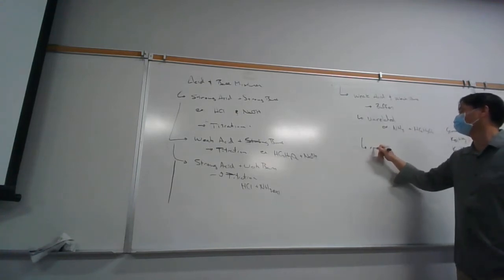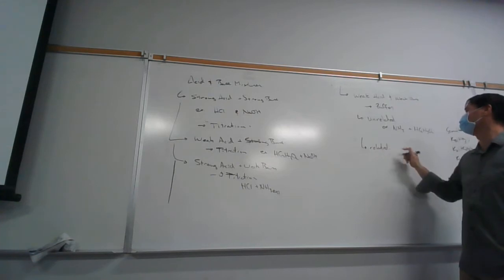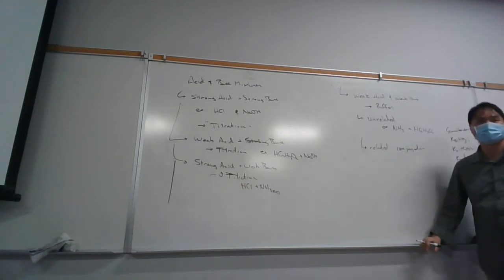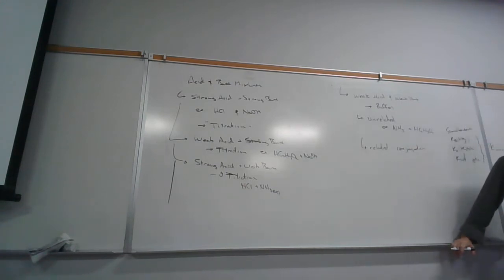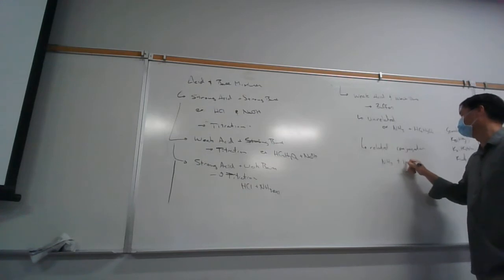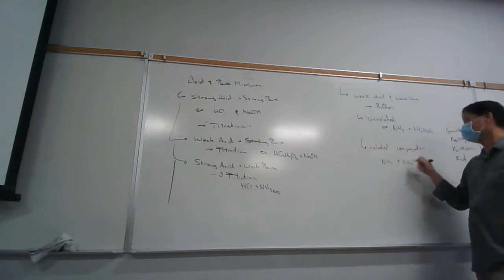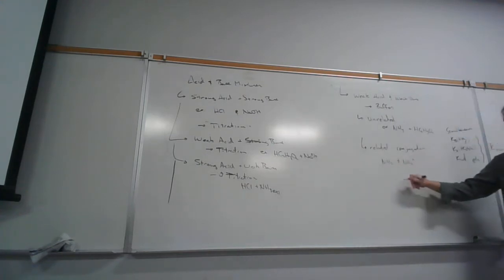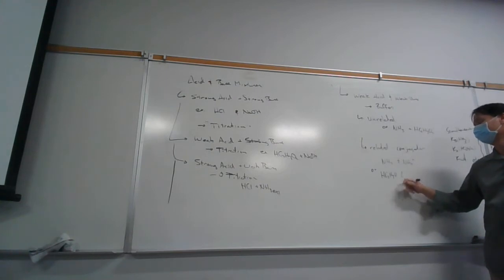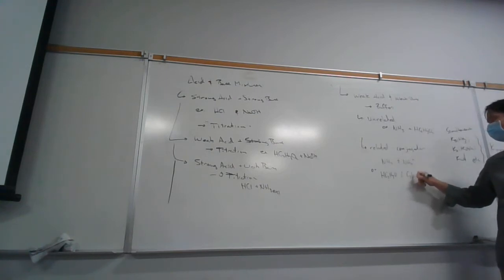If they're related, what I mean by related is if they're conjugates, then the math is much easier. An example would be ammonia and ammonium, where the base is ammonia and the acid is ammonium, or acetic acid reacting with acetate, where the acid would be acetic acid and the base would be acetate.